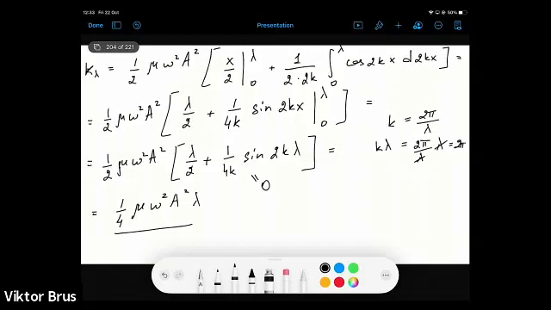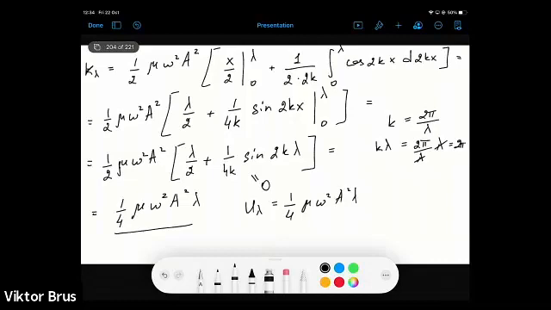And if we do a similar analysis for potential energy per unit length, we can write u lambda. That would also be equal to 1 fourth mu times omega square a square times lambda.